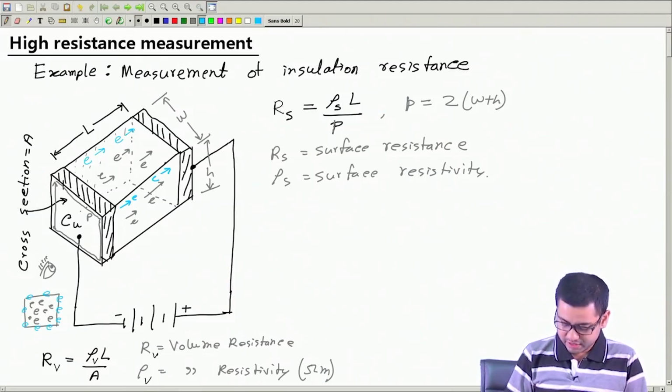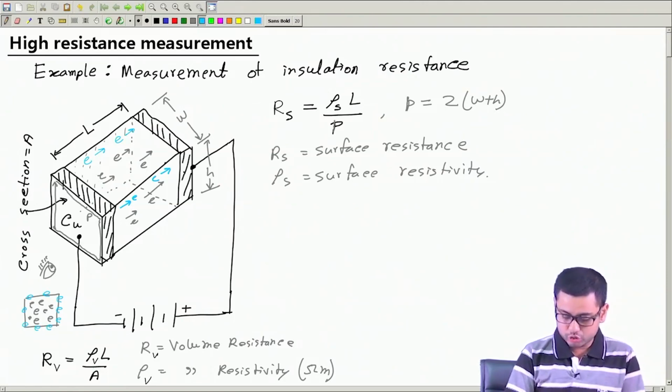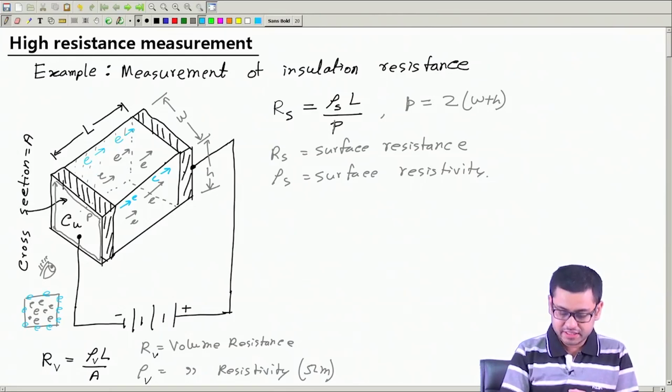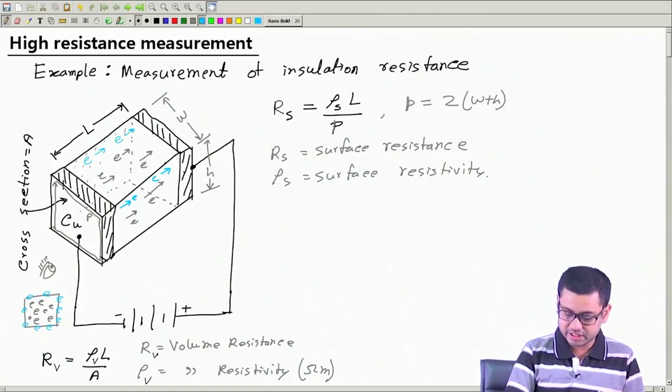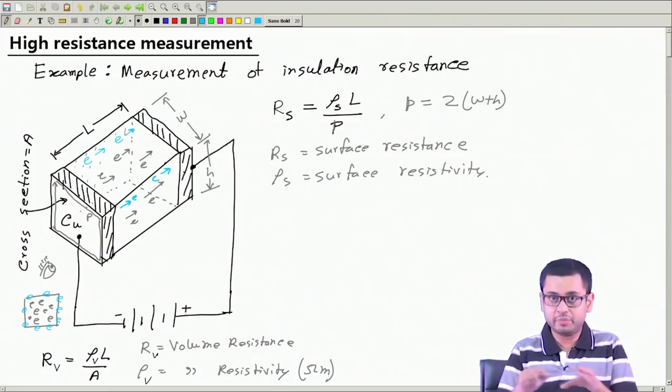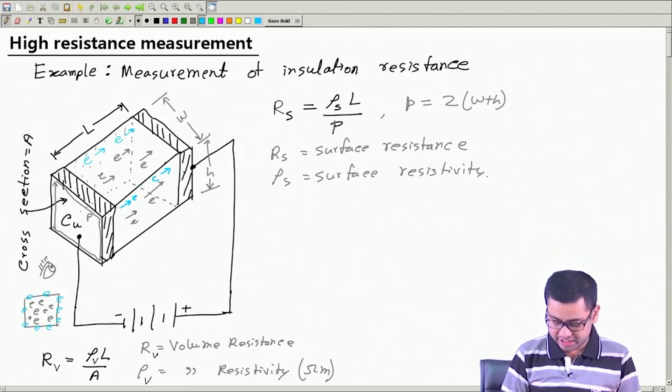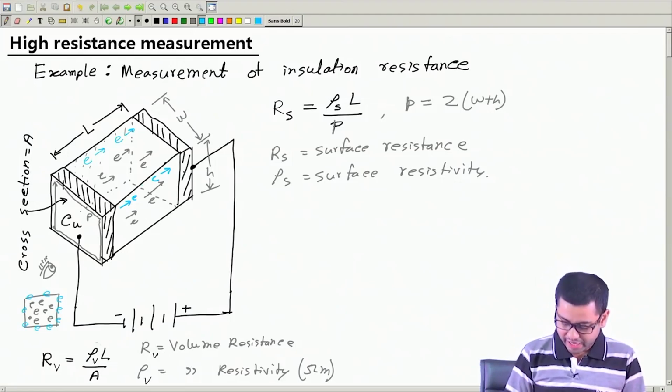Here we see that this volume resistance is proportional to the length of this block. That means how long the current should flow. It is inversely proportional to how much area or how wide the path of this current is. The thicker, the bigger the path, the resistance will be smaller, and the proportionality constant is called volume resistivity.